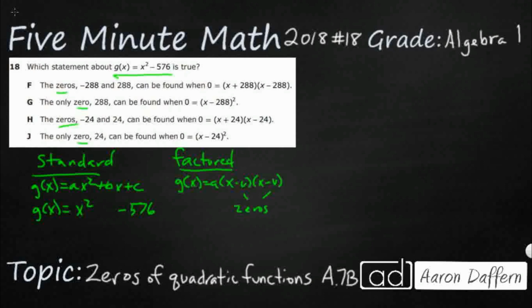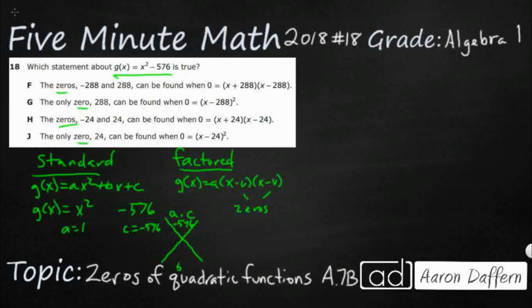Because typically what I would do is the diamond method. I would take my a and my c and multiply a times c, which, if my a equals 1 and my c equals negative 576, is negative 576.